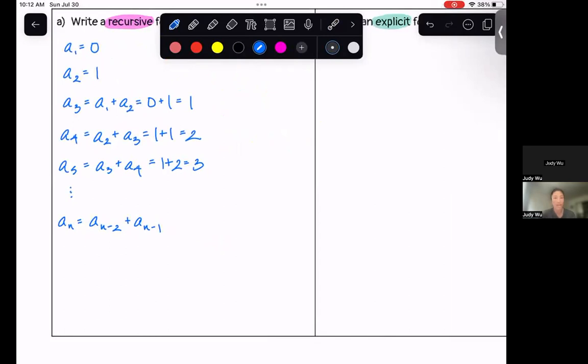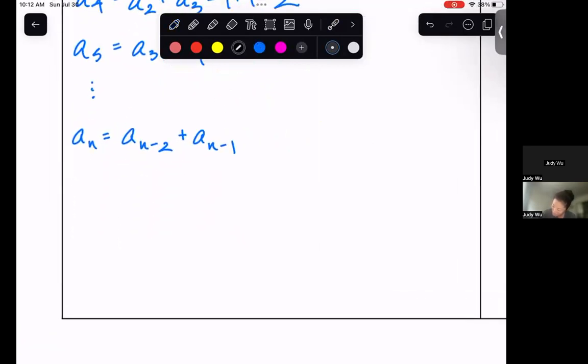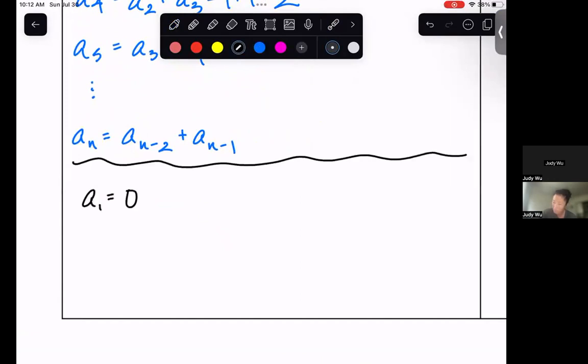Now we are almost at our recursive equation. There's a few things that I want us to be really specific about, okay? For our recursive equation, we need to define our starting term. And in this case, we actually need to define 2 starting terms, like the first 2. So a sub 1 equals 0, a sub 2 equals 1, and a sub n, so any term I want to find, is the term that's 2 before it, plus the term that's 1 before it.